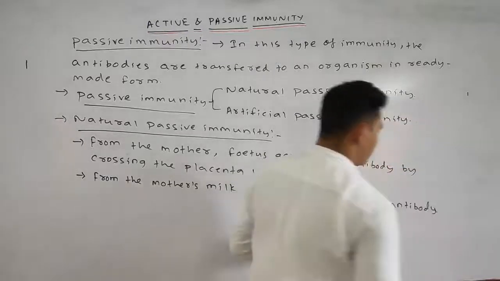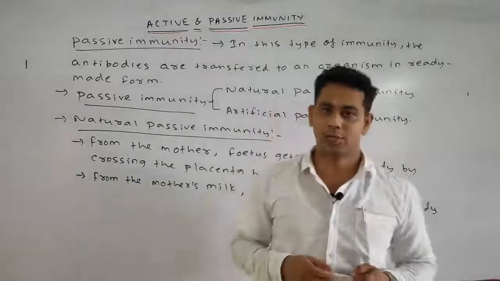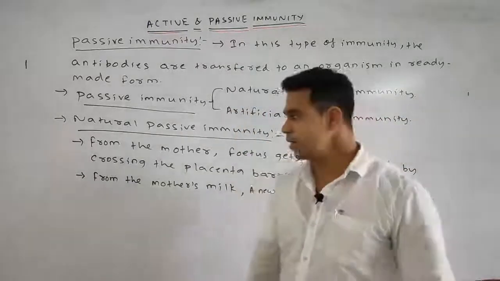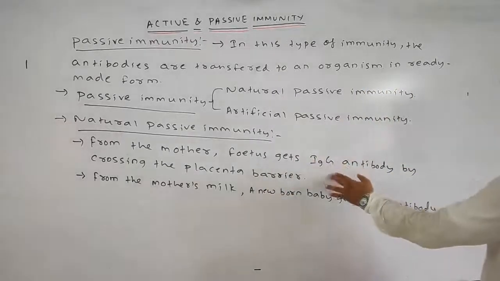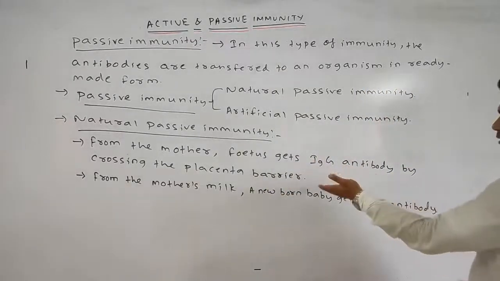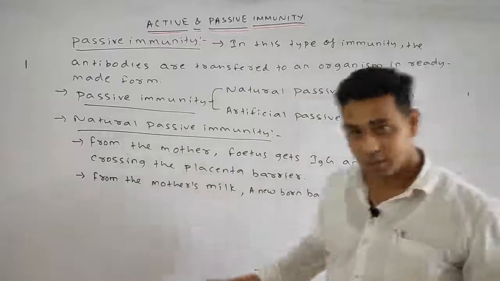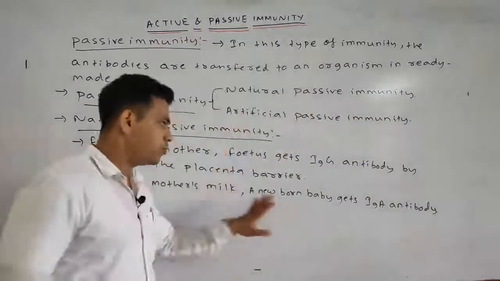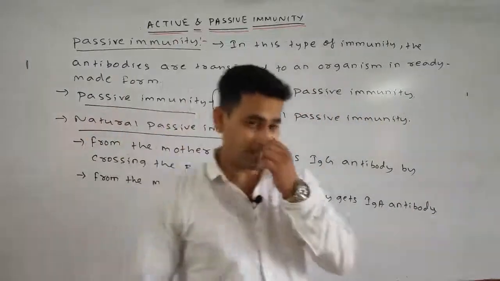Okay, so this is your natural passive immunity. From the mother the fetus gets the IgG antibody by crossing the placenta barrier, and from the mother's milk a newborn baby gets the IgA antibody.